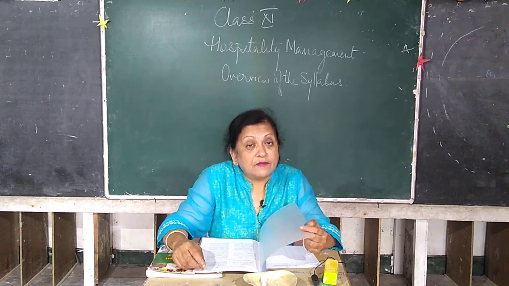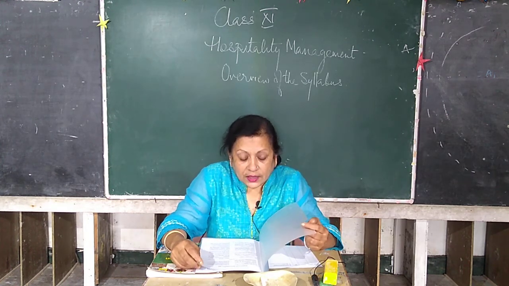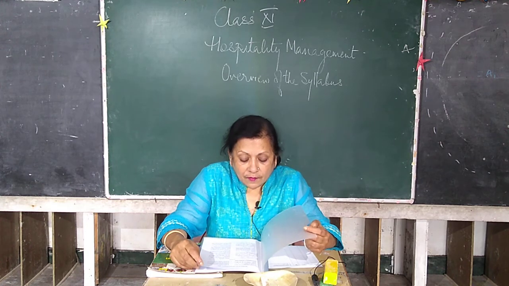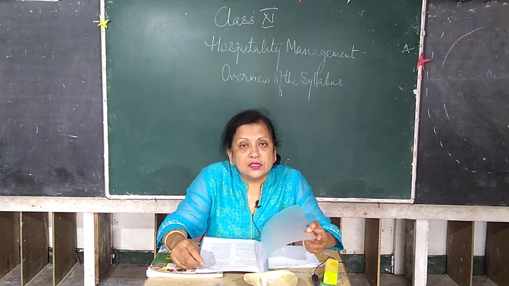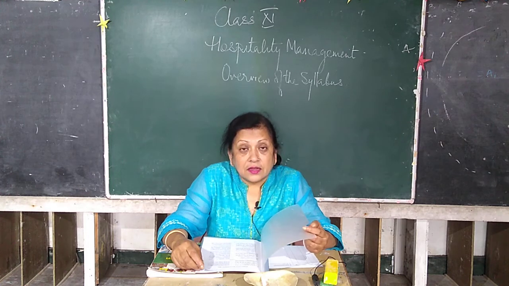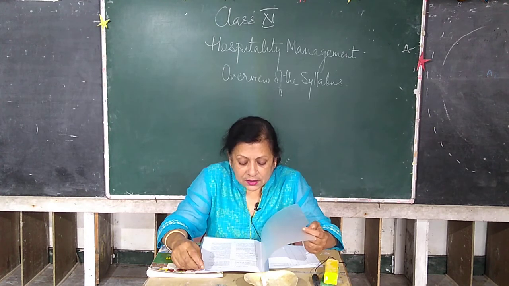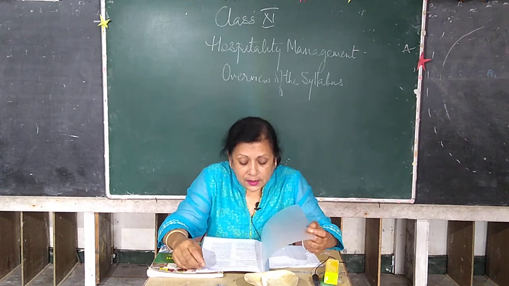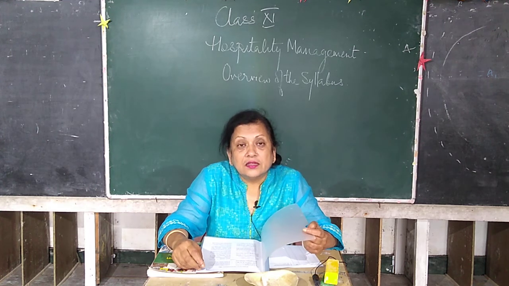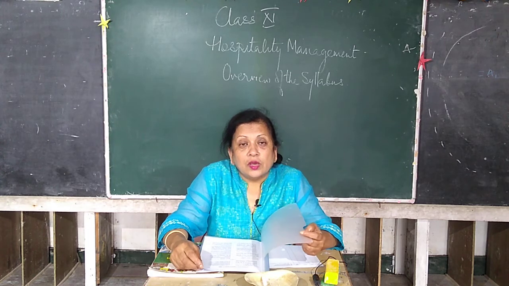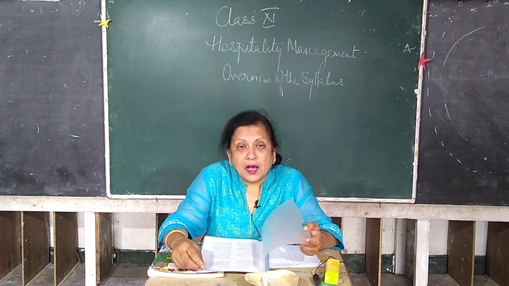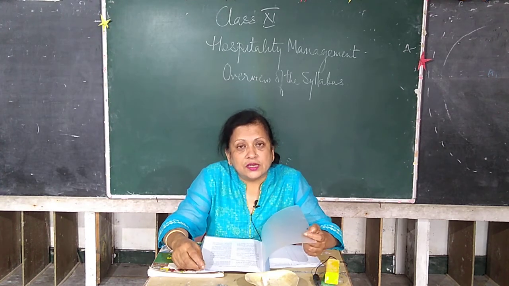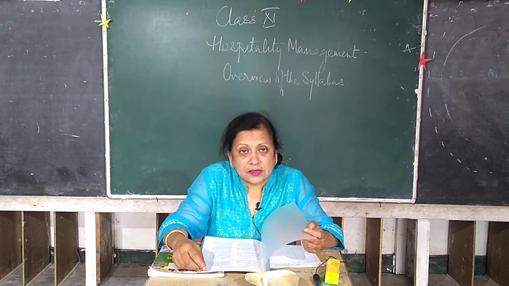For this, we have two papers. The theory paper is of 3 hours duration and consists of 70 marks, while paper 2, which is your practical paper, is 30 marks. So in all, the total marks allotted to this subject is 100 marks.